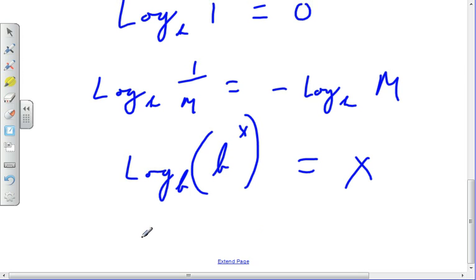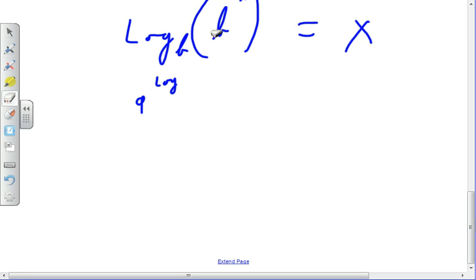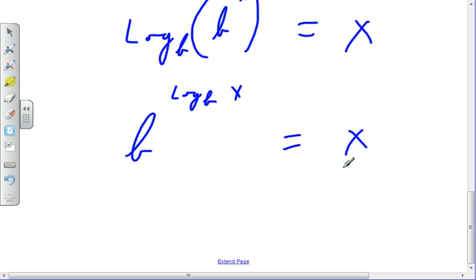And again, if I take b and raise it to the log base b of x, we end up getting x back.